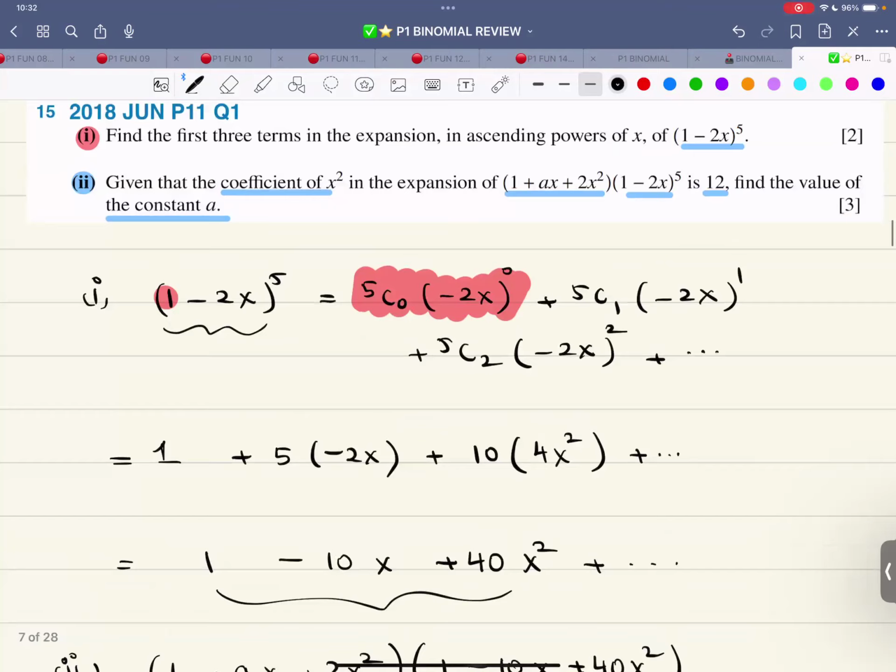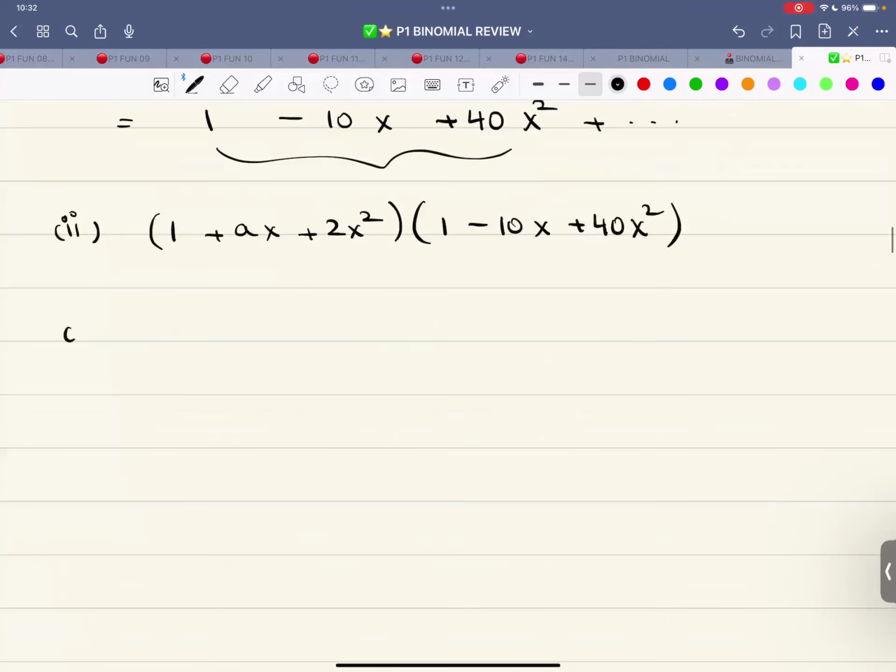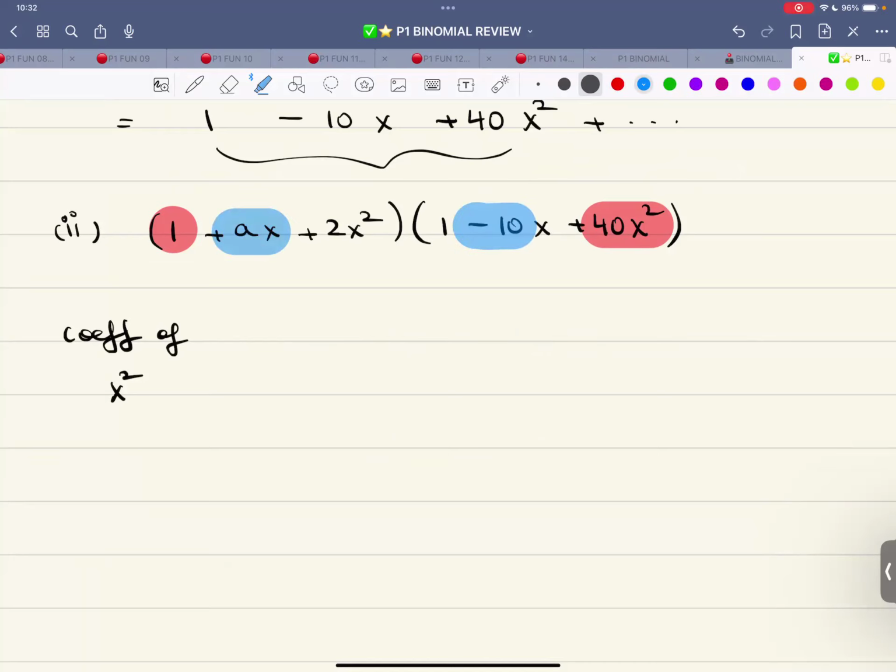The coefficient of x square is 12. So we are interested in coefficient of x square. So let me choose 1, multiply it with 40x square. Let me choose ax, multiply it with negative 10x. Let me choose 2x square, multiply it with this one. So multiply it selectively.